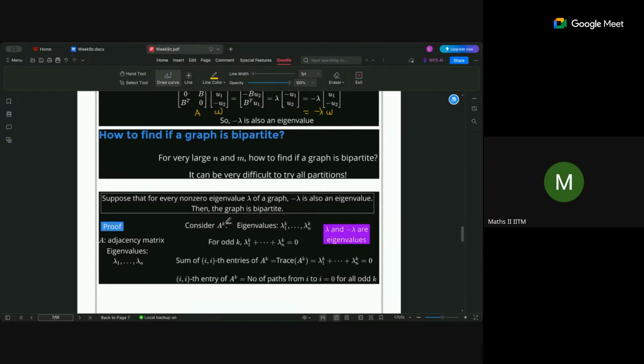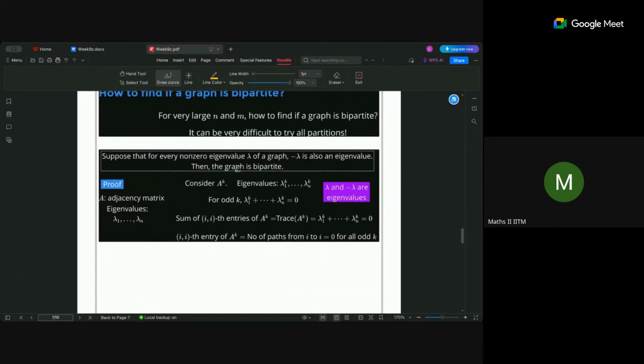Now for A power k, this is something I talked about in the beginning. If lambda 1, lambda 2, up to lambda n are the eigenvalues of A, then lambda 1 power k, lambda 2 power k, up to lambda n power k are the eigenvalues of A power k. In the beginning, I mentioned a specific case of this where k is equal to minus 1.